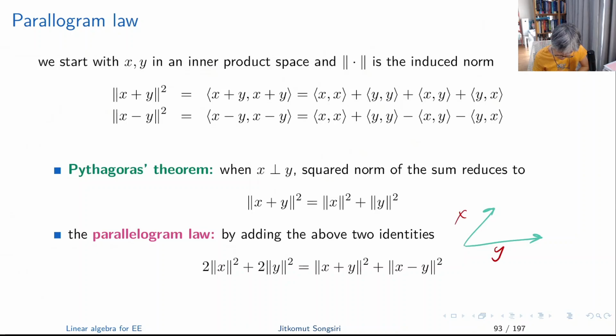Suppose you have x and y, and x plus y is going to be this vector, and x minus y is going to be the red vector. The law says that the sum of the squares of the diagonals is 2 times this side squared plus this side squared.